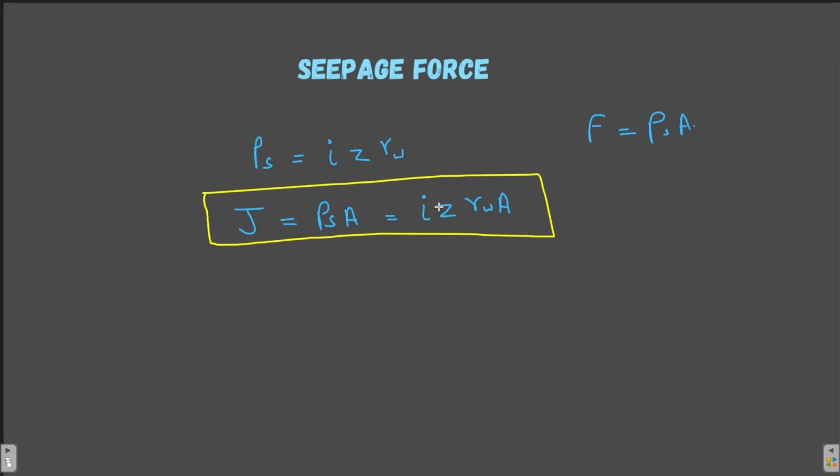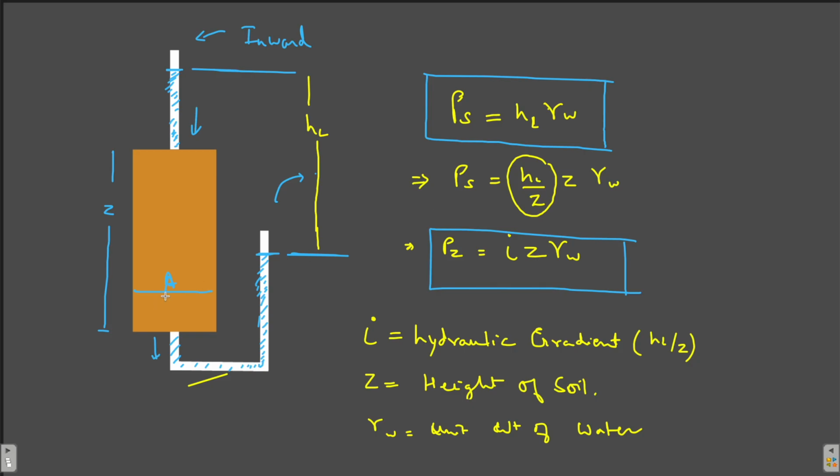So in the same diagram, if A is the cross sectional area and Z is the height, then what will be the volume? So volume of the soil will be how much? A into Z, right? The cross sectional area into Z, height, will give you the volume.